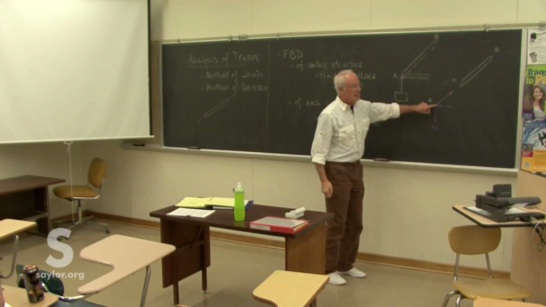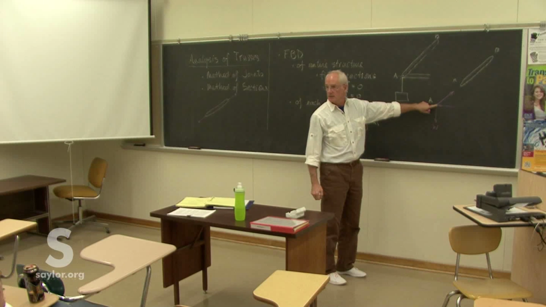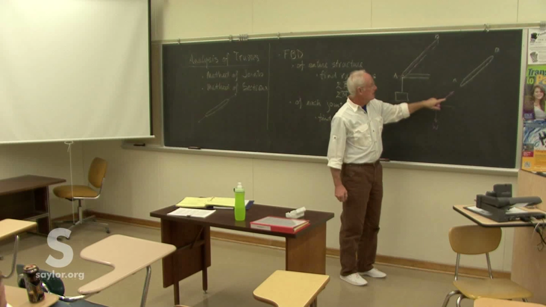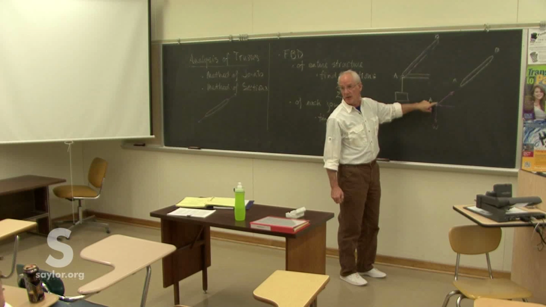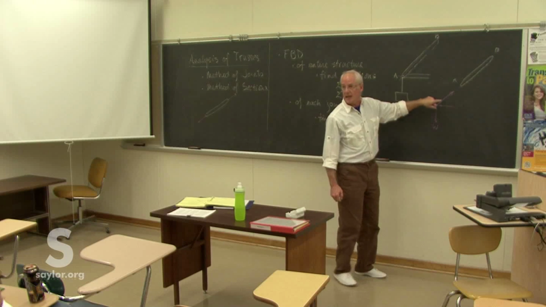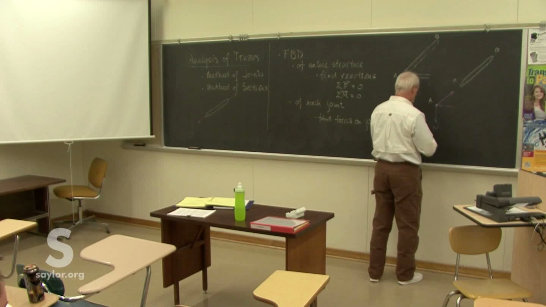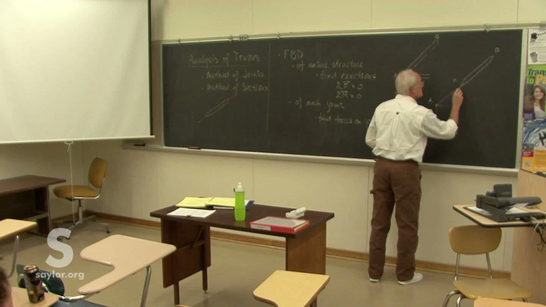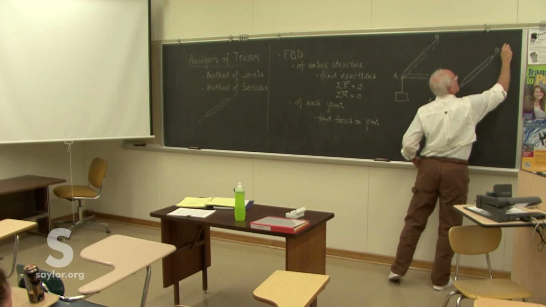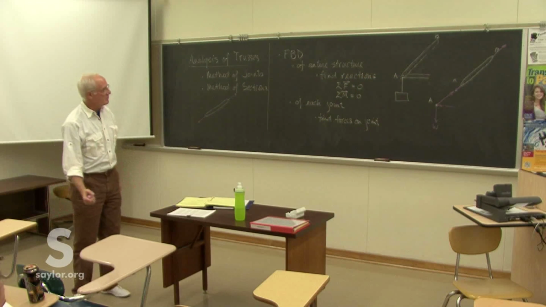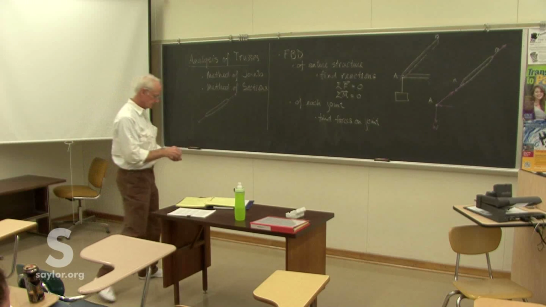If it's pulling on joint A, then what's joint A doing to that member? If the member is pulling on point A, which it must do to exert that kind of force, then joint A must be pulling back as a reaction, equal and opposite reactions. So we know that now the force in member AB must be something like that.